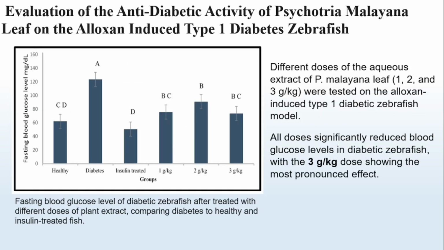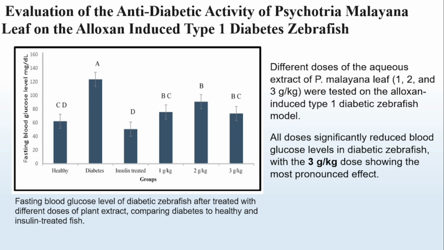Right after we got the result from the positive control, we want to bring out our main character. It's the evaluation of the anti-diabetic activities of the Psychotria malayana leaf on the alloxan-induced type 1 diabetes zebrafish. So different doses of the aqueous extract of the Psychotria malayana leaf, 1, 2, and 3 gram per kilogram, were tested on the alloxan-induced type 1 diabetic zebrafish model.